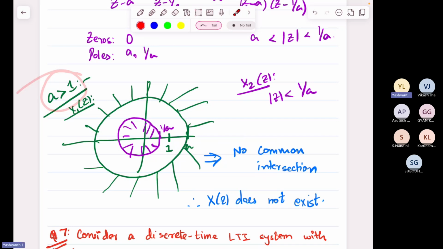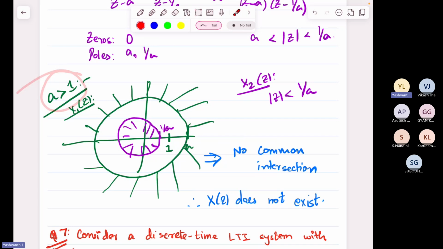Hello, are there any doubts? Can anyone confirm if everything is clear till now? Are you able to understand?